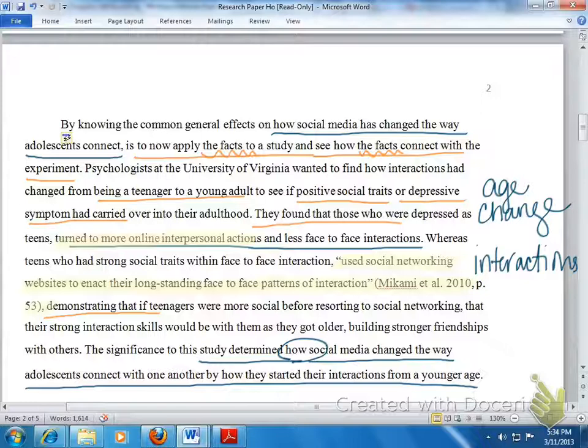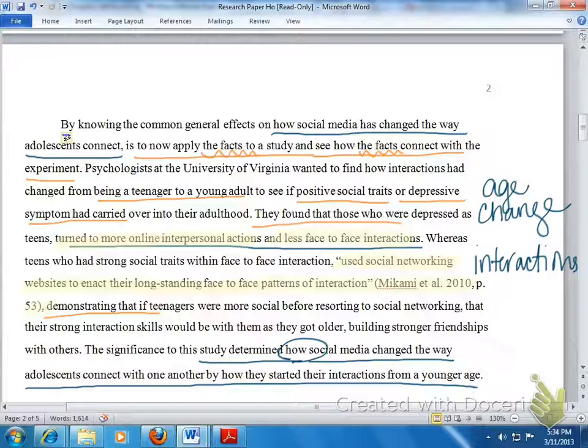So that makes sense. But then it says where teens who had strong social traits within face-to-face interaction, so people who already were like interpersonal, I think this is from the previous paragraph, they used the social networking to enact long-standing face-to-face. So they just did more of what they were already doing.